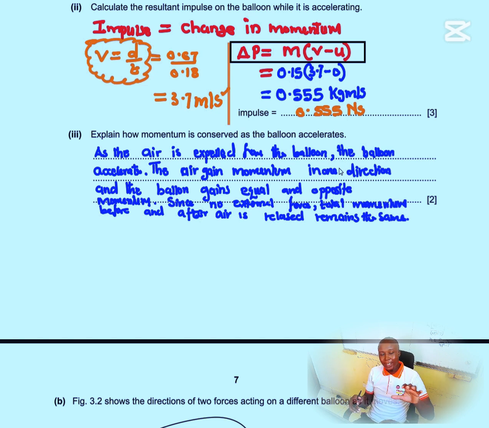Momentum is a vector quantity, so the two momenta cancel out. The balloon gets momentum in one direction and the air gains momentum in the opposite direction but of equal magnitude. So momentum is conserved in that particular case.